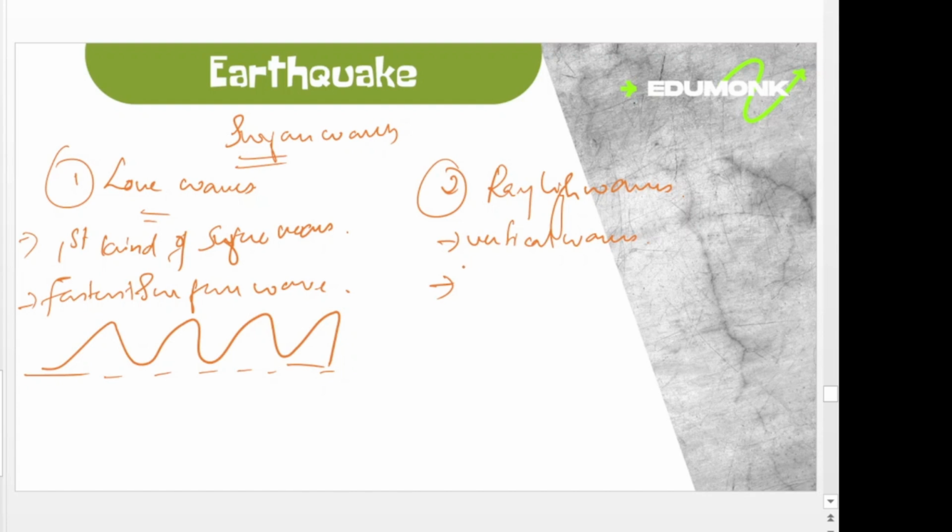These Rayleigh waves which form will lead to tsunami. The tsunamis are formed due to the Rayleigh waves.